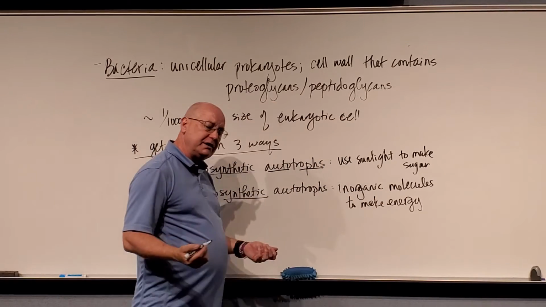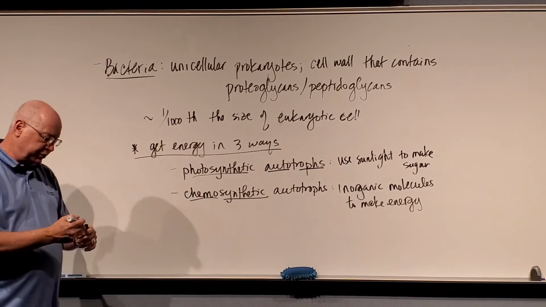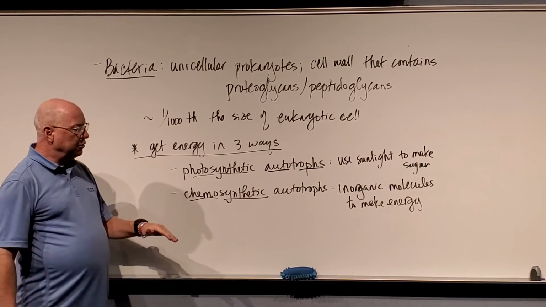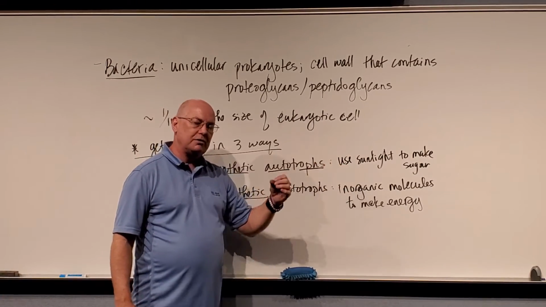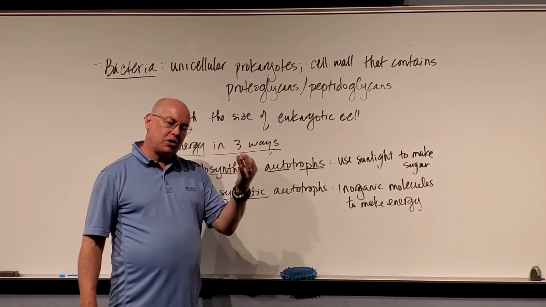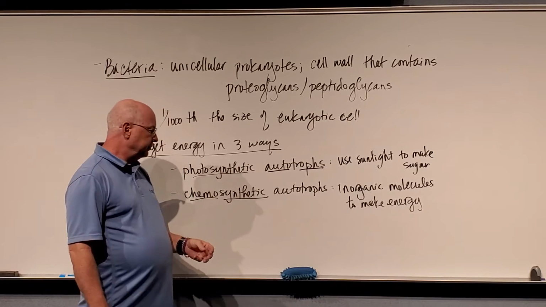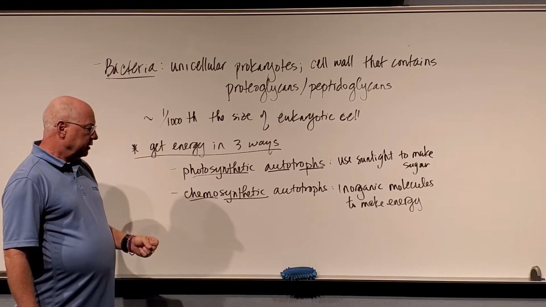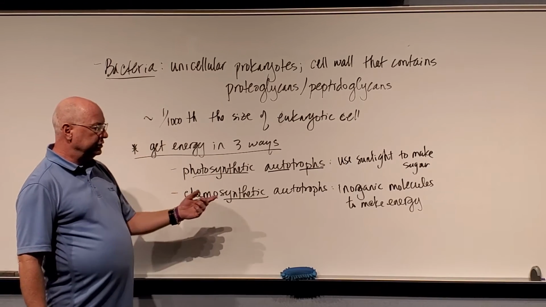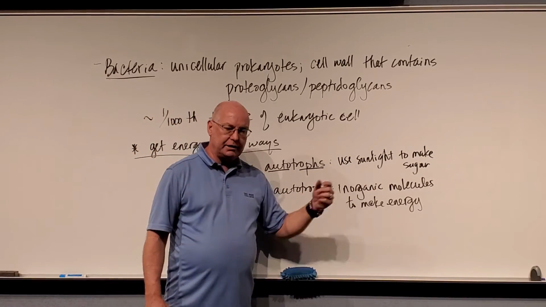Now again, we haven't done the chemistry chapter, but you're required to have chemistry usually before you take microbe. And when we talk about organic compounds, we talk about compounds that contain carbon and hydrogen, and usually oxygen, okay? In chemosynthetic autotrophs, they can make energy out of inorganic molecules.